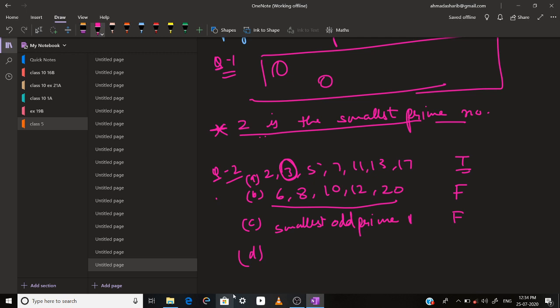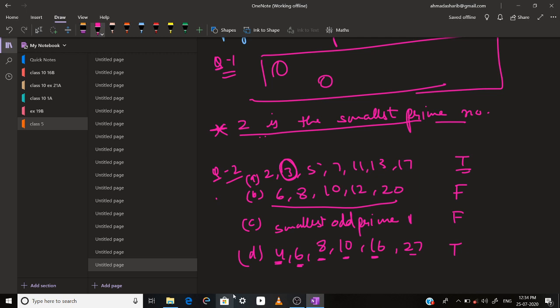Now part D: 4, 6, 8, 10, 16, and 27 are composite numbers. Yes, 4 is a composite number, 6 is, 8 is, 10 is, 16 and 27 all are composite numbers. So this is true. What is a composite number?